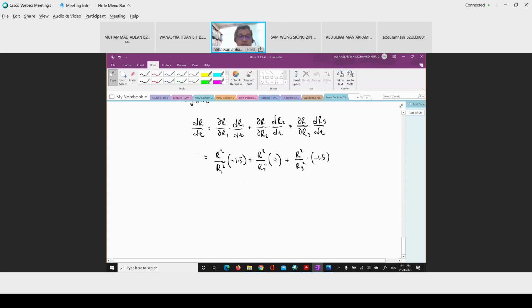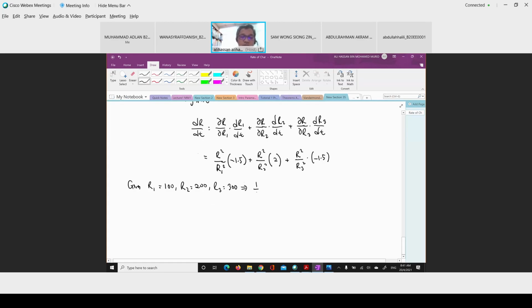Now, we know r1 squared, but what is r? Given r1 is 100, r2 is 200, r3 is 300.